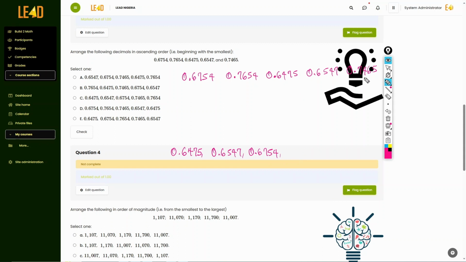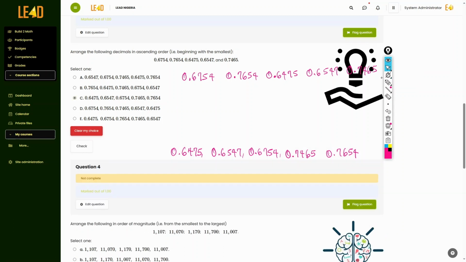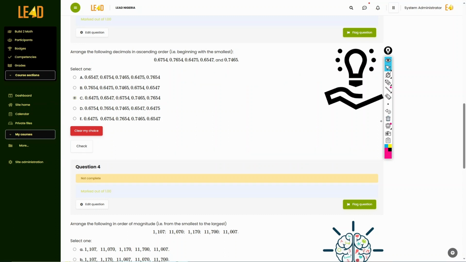Then I move on to the one that has 74 before the one that has 76, 0.7465, and then 0.7654. So the correct option is C.